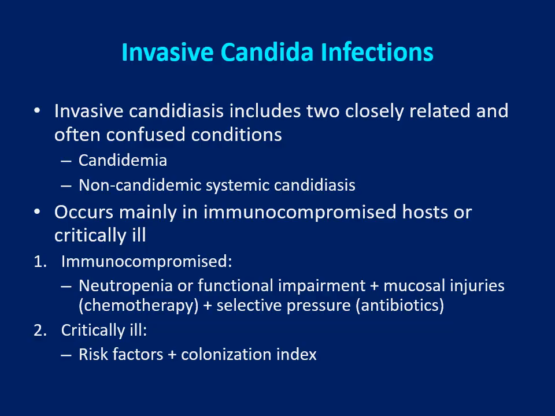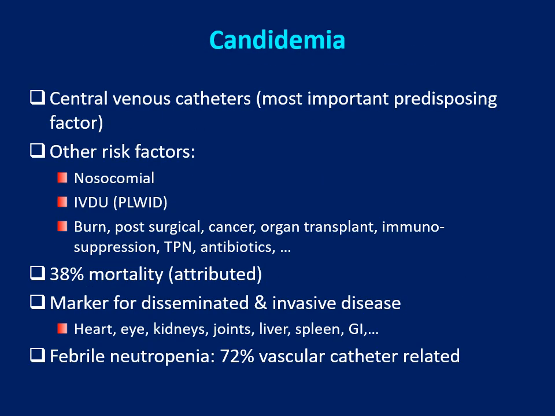In a critically ill patient, in an ICU patient, the more risk factors you have and the more the colonization index turns out to be positive in sputum or in urine, then this patient is predisposed to invasive candida infection.